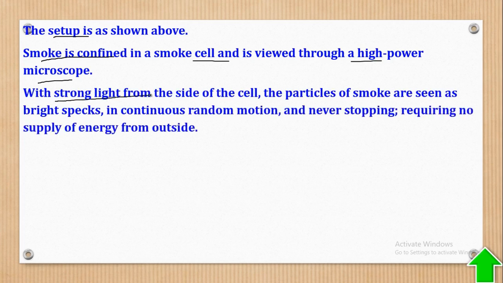So with strong light from the side of the cell, the particles of smoke are seen as bright specks in continuous random motion and never stopping, requiring no supply of energy from outside.